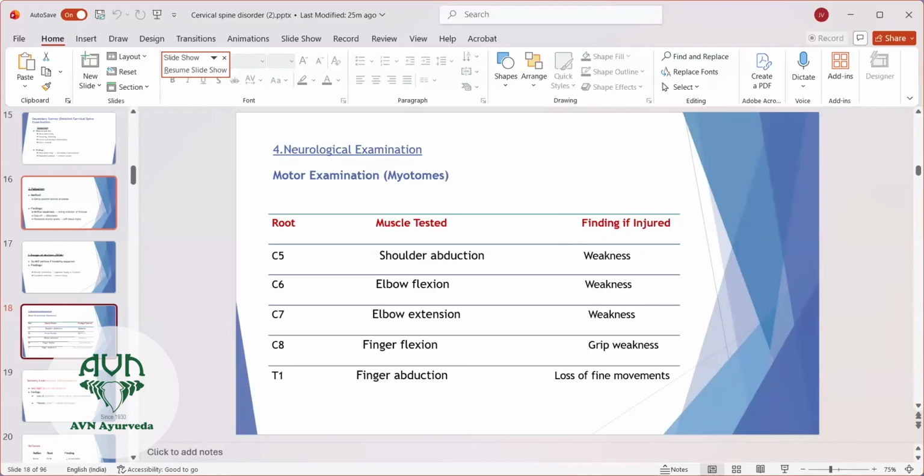If the C8 nerve root is affected, finger flexion will be difficult and grip strength will be weak. If the T1 nerve root is affected, finger abduction will be difficult. These are the neurological findings we can observe for the C5, C6, C7, C8 and T1 nerve roots.